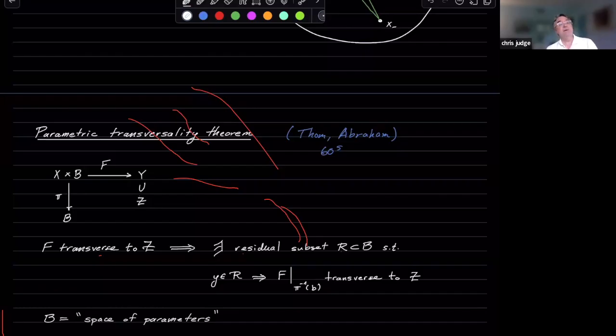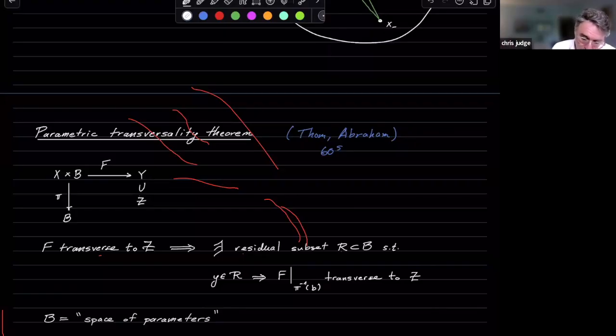Remember, a residual subset is basically a large set. In particular, in this instance, if it's finite dimensional manifolds, you can think of it as a set of full measure. But in general, a residual set is just the intersection of a bunch of dense open sets. So it's very large.